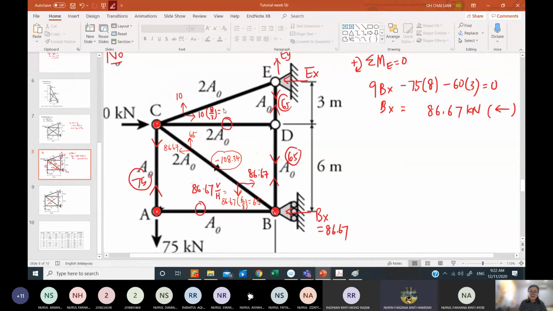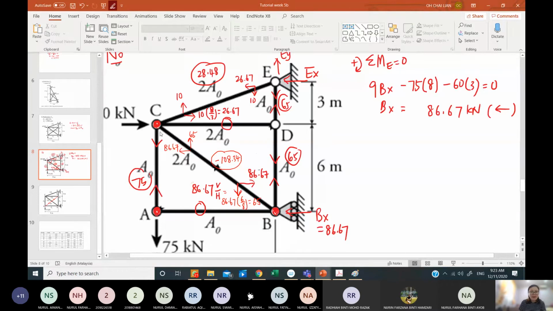Yeah, 26.67. Can you get the axial force for member AE? 28.48, is it? Yes. Okay, so this is tension. So now you have completed all your axial forces.